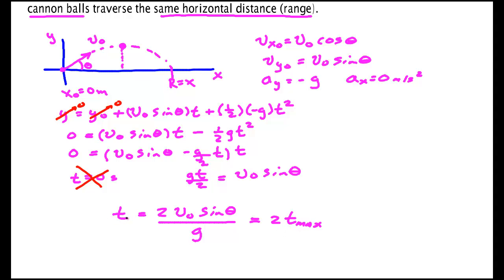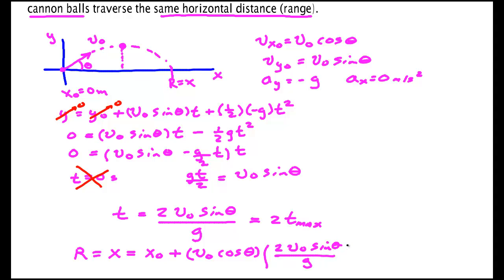Now I want to take this time and plug it into the x equation to calculate the range. So the range, which is equal to the value of x, is equal to x naught plus vx naught, which is v0 cosine theta, times the time. But I have a time now. It's 2 v0 sine theta over g.